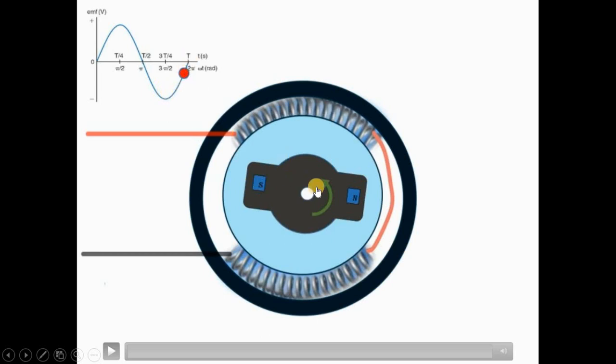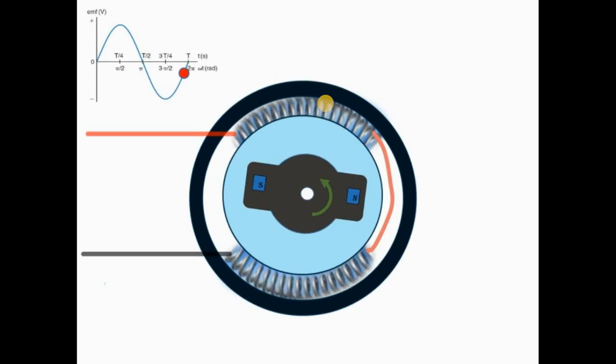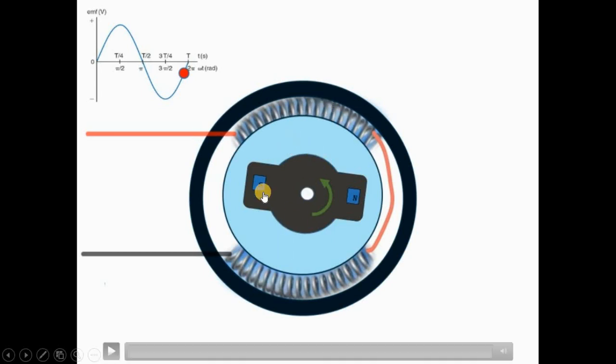If suppose instead of two poles, if the rotor has four poles, what will happen? Two north pole and two south pole. When the rotor completes one full revolution, the coil comes under the influence of two north pole and two south pole. So in the picture I have shown only two magnetic poles.